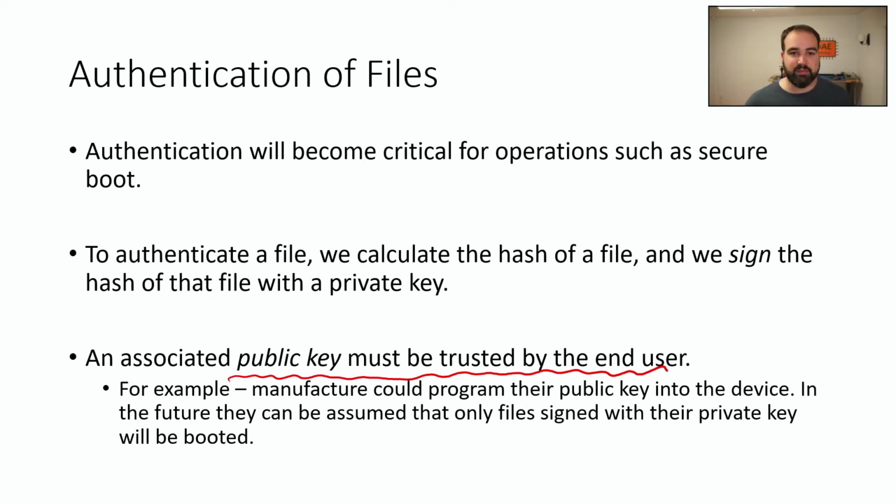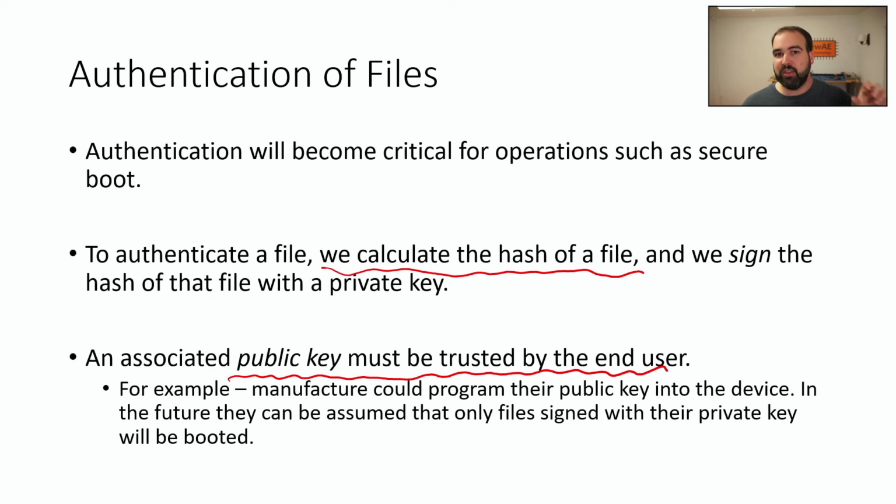So this is going to be one of the really critical operations when we start looking at embedded systems. And this combines a few things, as I said. It's going to combine the hashing functions, and use them to sign that hash so that you can trust it.